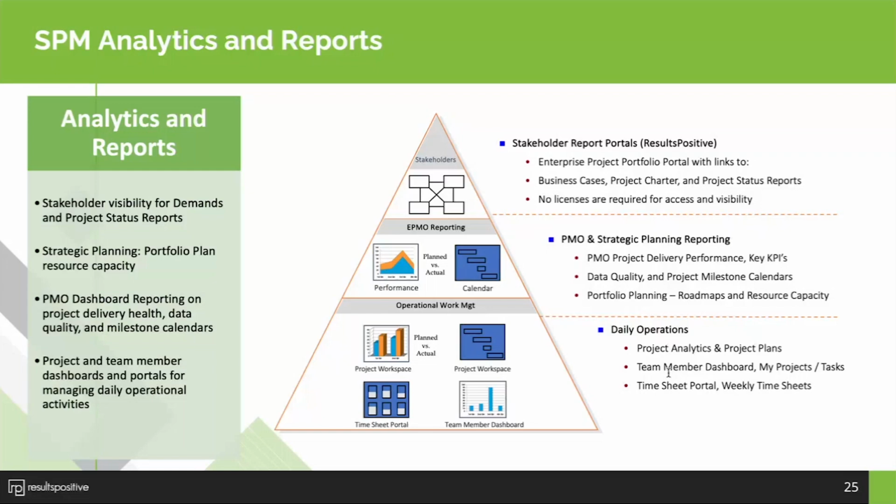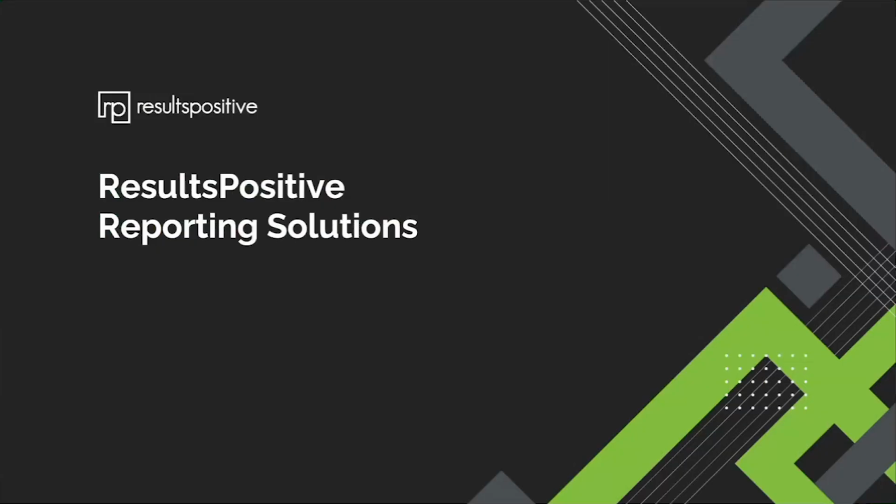There are some new capabilities coming out with collaborative work management where you can see all of your project work in my inbox, if you will. So that's something to look at too if you haven't implemented collaborative work management. So this kind of gives you an idea of how we look at overall reporting.